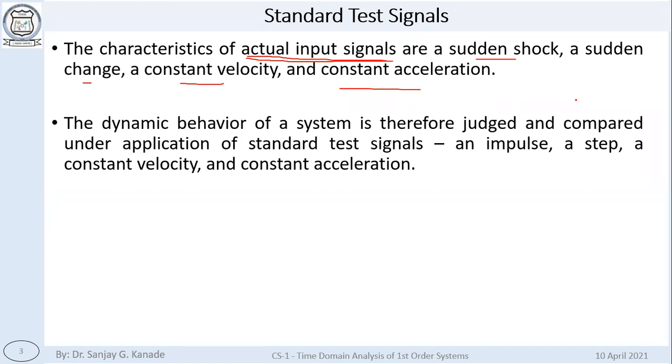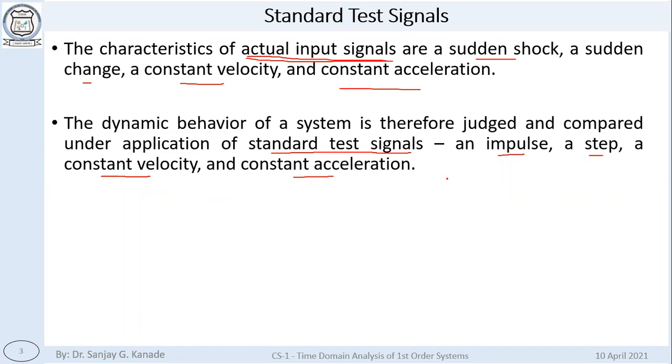These 4 characteristic signals are termed in terms of standard test signals, and the names of these 4 signals are impulse, step, constant velocity which is called ramp, and constant acceleration which is called parabolic.